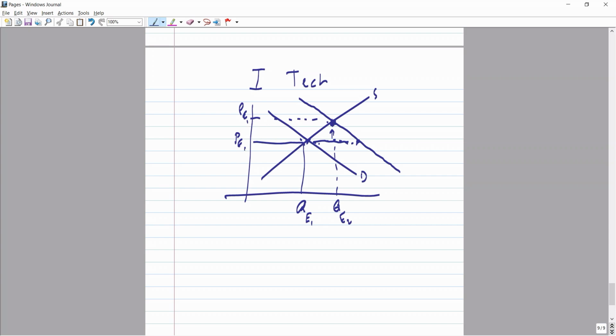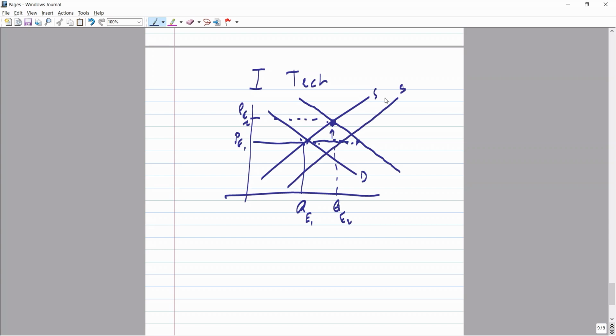So now what if we change from the supply side and say that technology is now more advanced and suppliers are more able to produce and supply more? In this case, the supply curve will shift to the right.